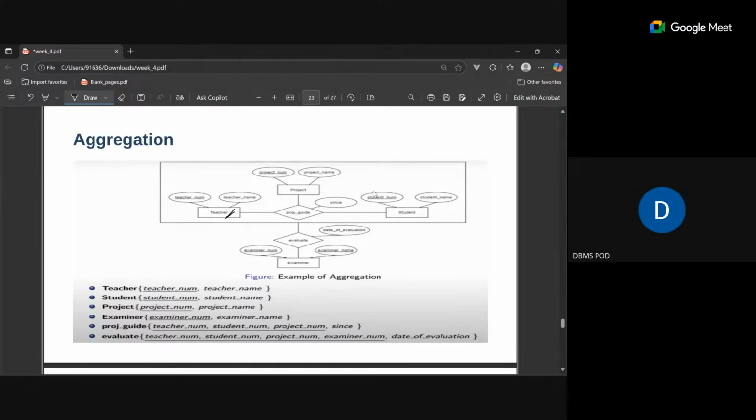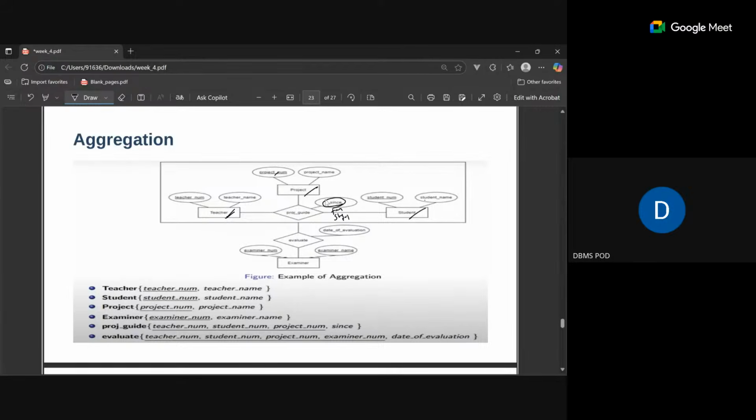Here teacher, student, project, all these were tables, and all this has been linked to project guide, and project guide also has one more attribute, along with the primary key of teacher, primary key of student, and primary key of project. As we have seen, this is a ternary relationship, since it has three tables connecting with an intermediate table.